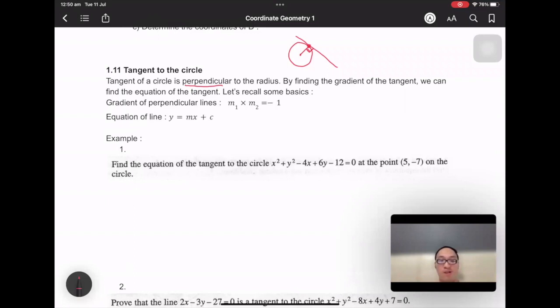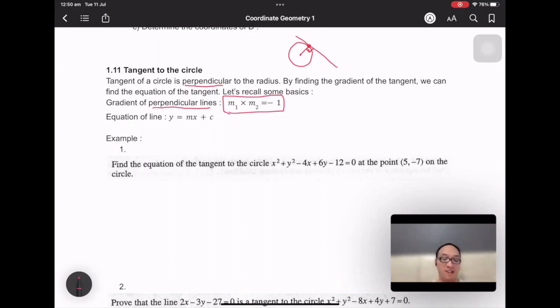We can find the equation of the tangent by using this property of perpendicular lines. If we can find the gradient of the radius and the gradient of the tangent line, we can determine the equation of the tangent. So we will use this relationship, the gradients of perpendicular lines.